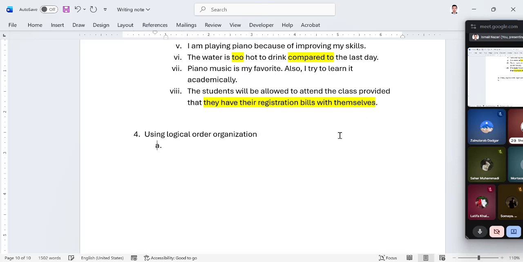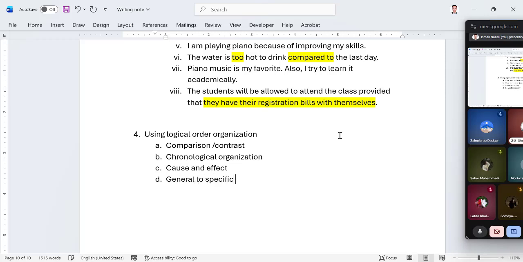Comparison, contrast, chronological organization. We may have cause and effect relationship. We may have general to specific organization, or it is also called funnel organization.